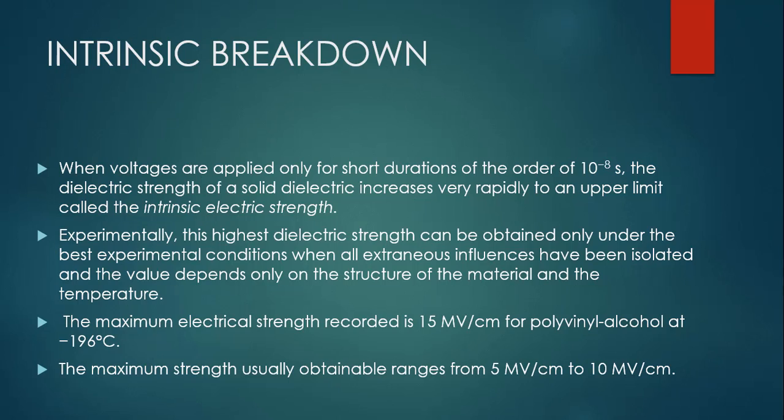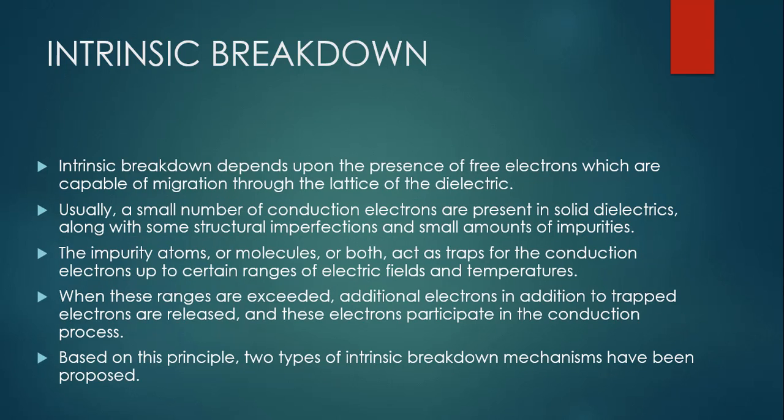It is only possible to observe when we can remove all the extraneous effects on the experiment and isolate the material, and then we can get this value. But in practice, this value is not obtained.